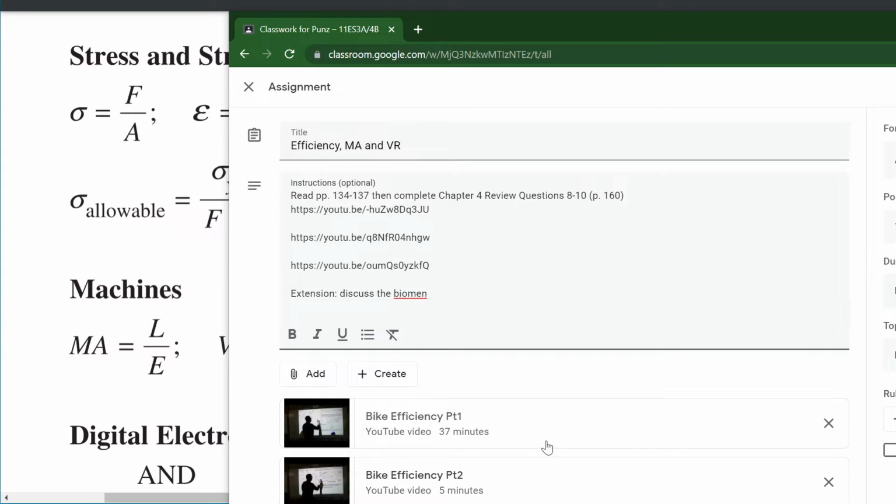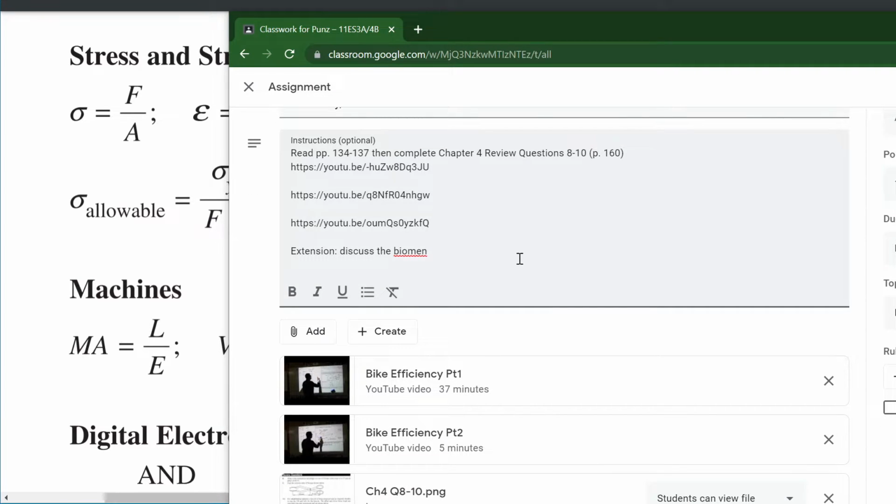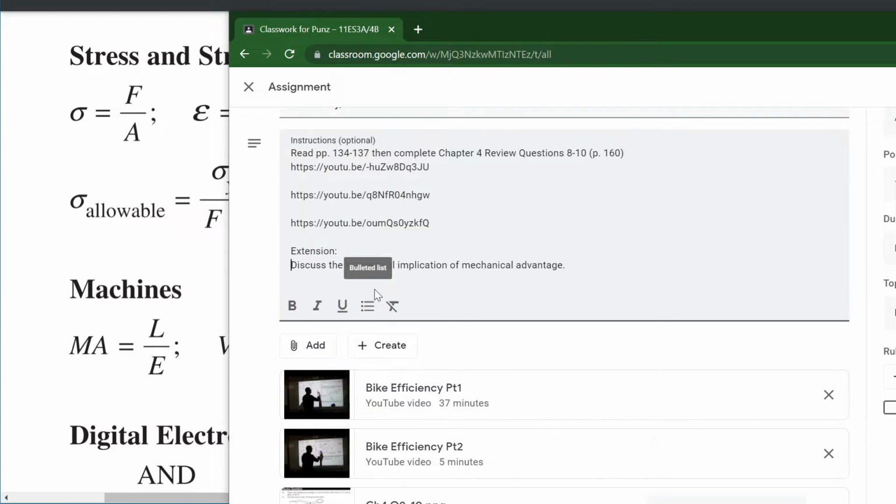If I could add in a document for you to type your answers into, I would, but I've already made you answer questions. Extension. I'll give you 2 parts of extension.